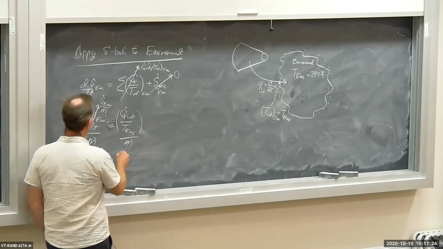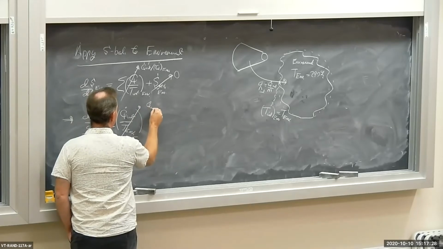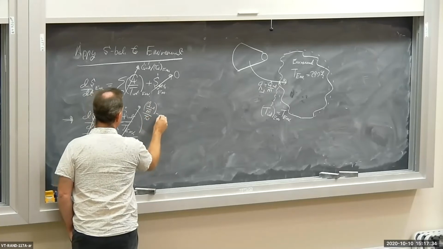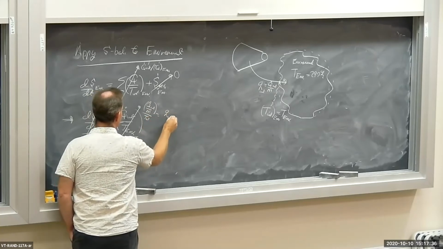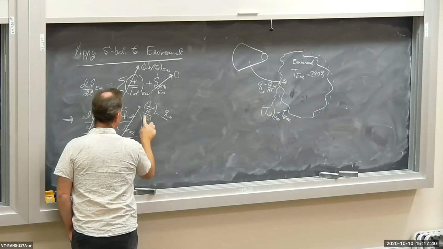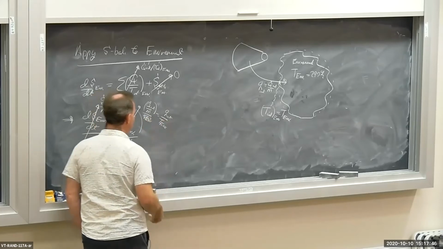And this whole thing becomes q dot out over m dot divided by the interaction temperature, which is the environmental temperature. Okay?